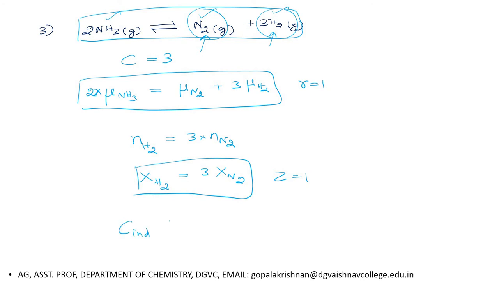The number of independent components equals the number of chemical constituents actually present, minus chemical equations which arise from chemical equilibrium, minus the other additional conditions. So here we have 3 constituents, 1 equation and 1 additional condition, so the answer is 1. So the number of components for this system is 1.